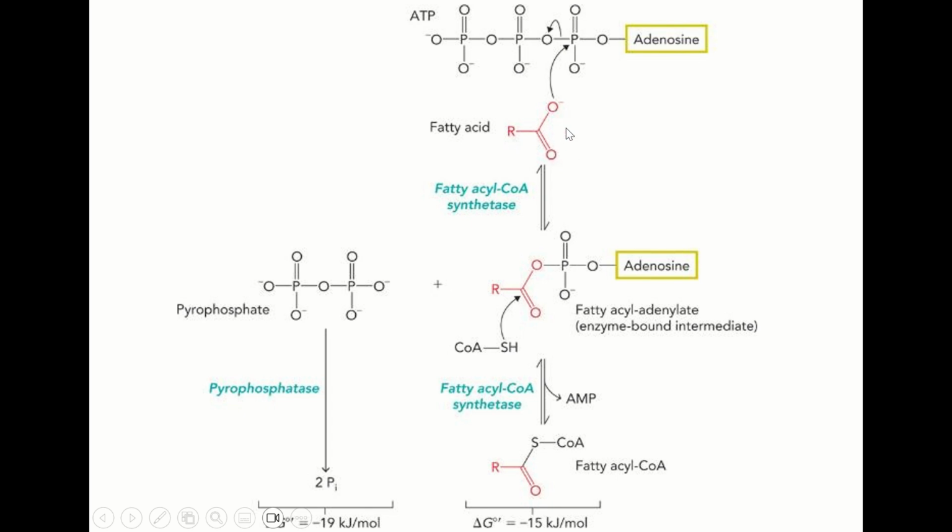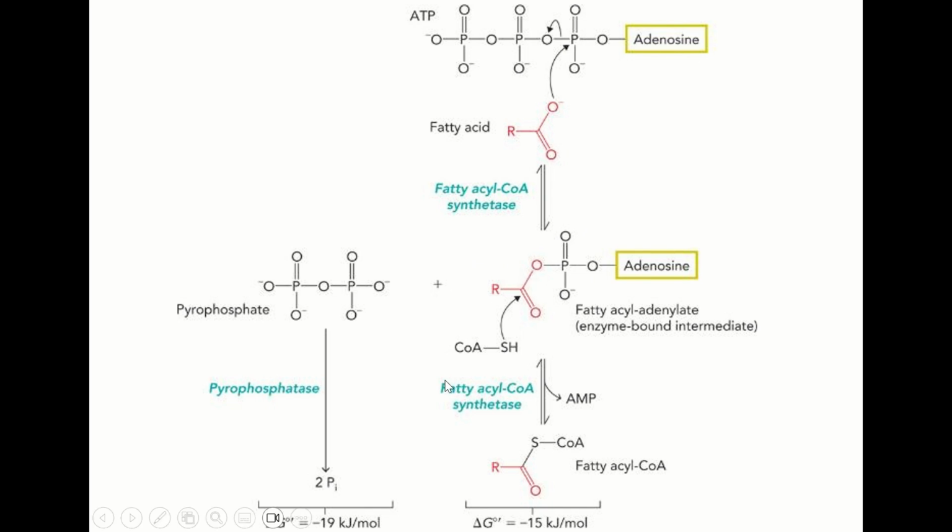And what you can see is that when we introduce ATP, thanks to our fatty acyl-CoA synthetase, we can form an intermediate that's bound to the enzyme that's adenylated. So it has adenosine phosphate attached to the carboxylic acid group, and this can be replaced by coenzyme A, which leaves us with our fatty acyl-CoA.